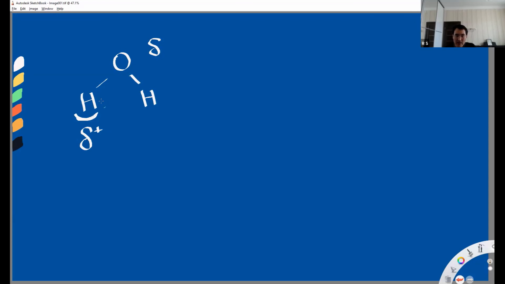Almost all elements are stronger than hydrogen at pulling the electron. So usually hydrogen loses the electron inside the molecule, and this electron is pulled to the side of the more electronegative element. In this case, it's oxygen.